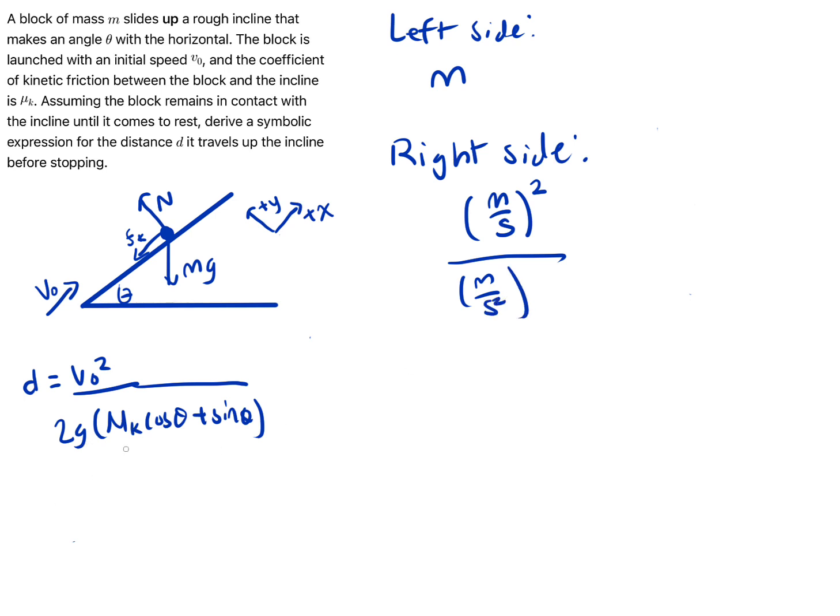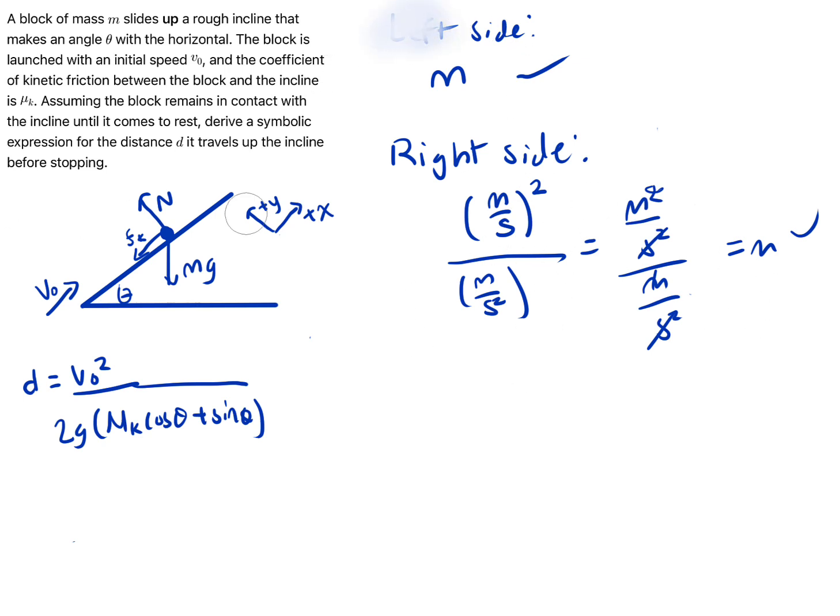Mu k is a dimensionless number. The coefficient of friction is dimensionless. Cosine of theta is a number, and sine of theta is also a number. So our only units in the bottom are meters per second squared. So if we simplify this, notice that the seconds squared cancel out, and we get meters. So that's our first common sense check, that the units on both sides are equivalent.